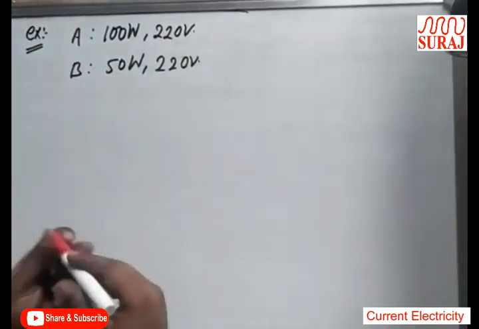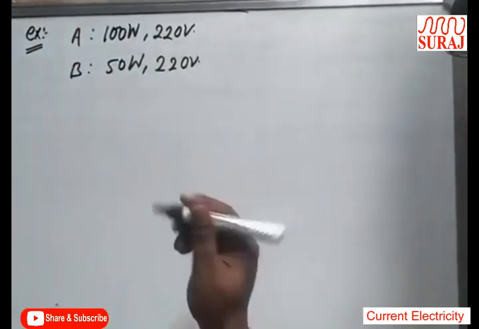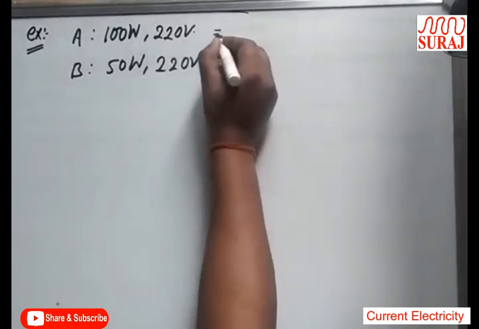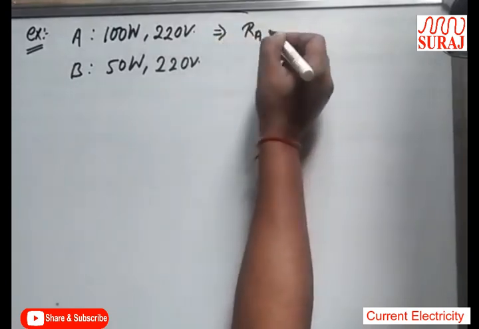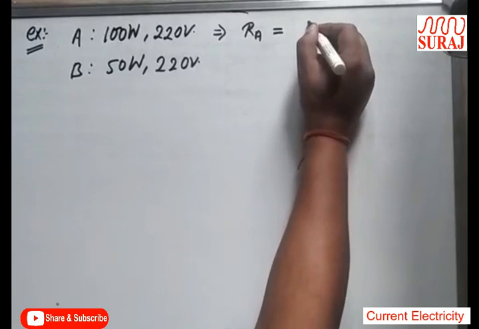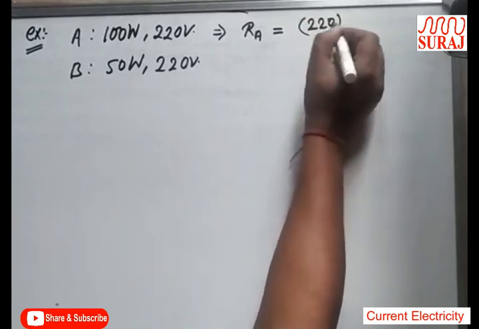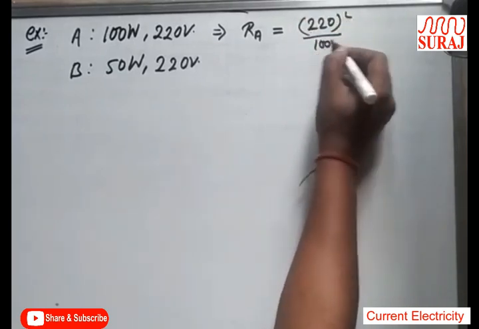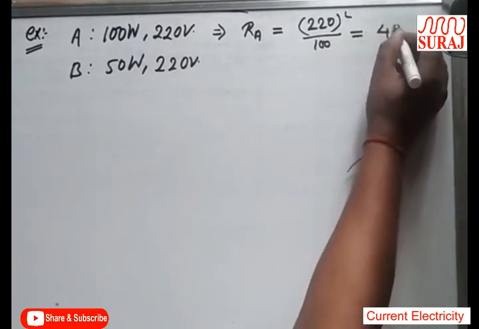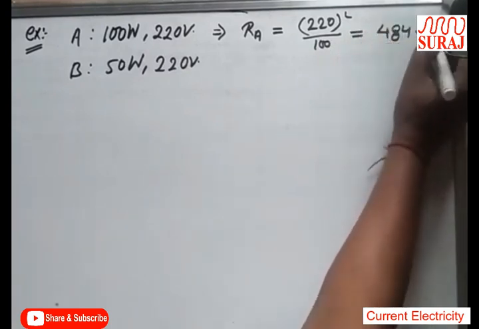From the rating of the bulb, we can calculate the resistance of the bulb. For the first one, the resistance will be 220 squared upon 100, which is 484 ohm.